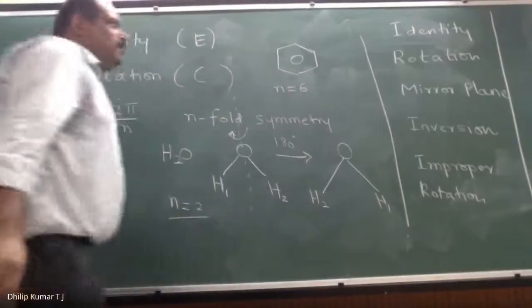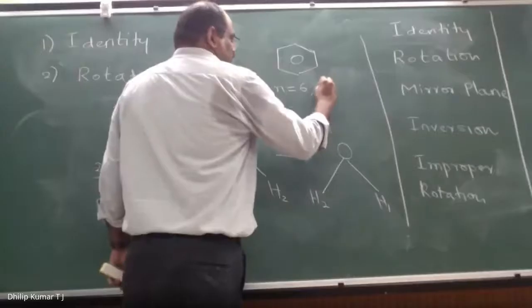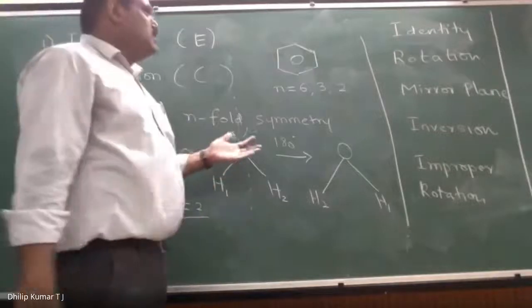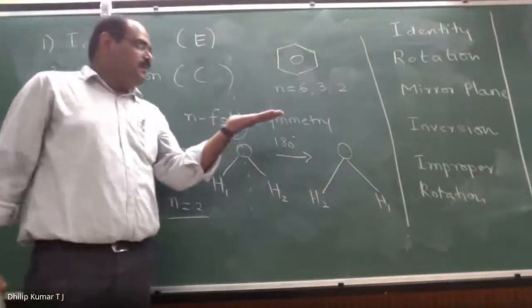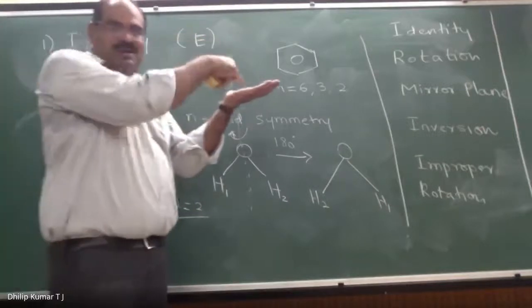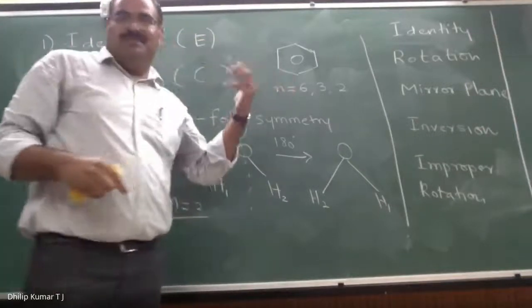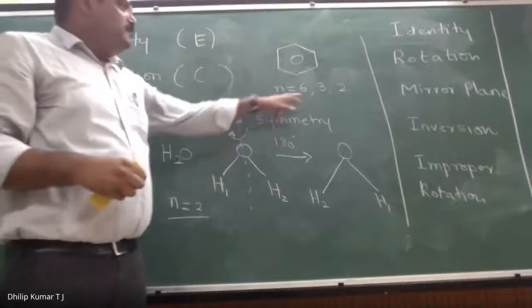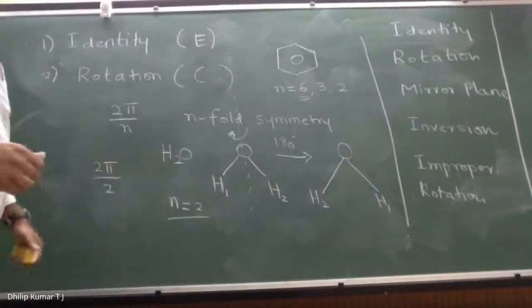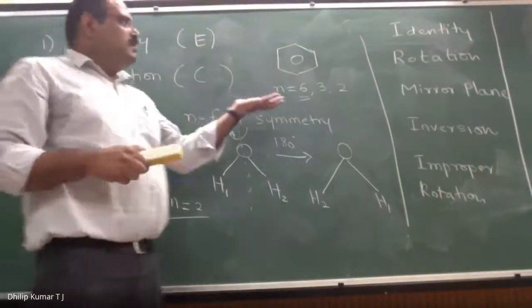Any other number possible in benzene? 3, 2, everything is possible. 2 also, 3. But the principal axis will be 6. So if you have a benzene molecule on a flat plane like this, if the axis passes through the molecule, you can rotate 6 times to get the identical image.